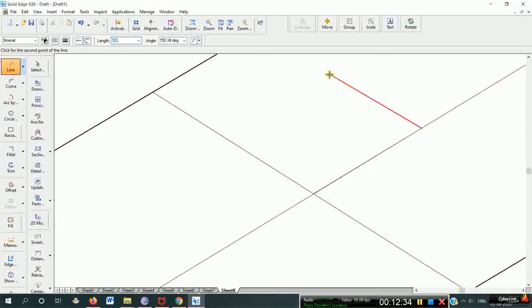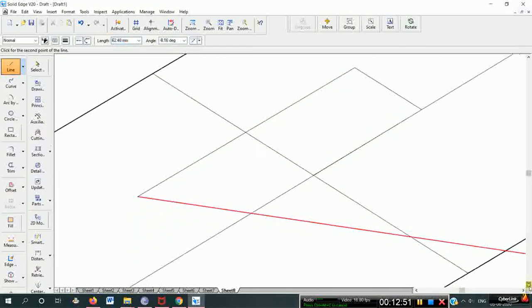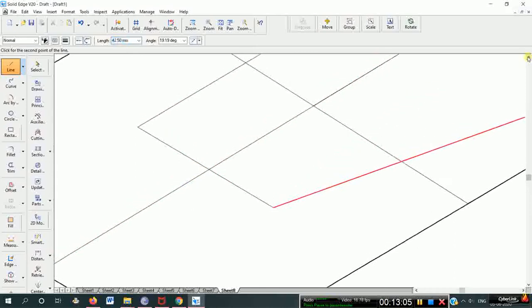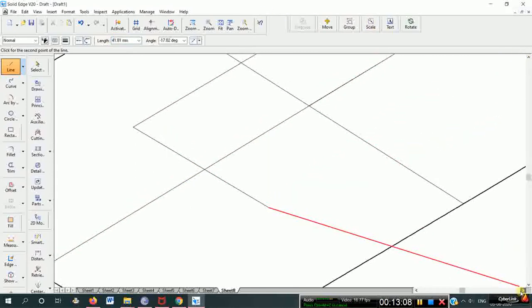And next 12.5 this side, and next 40 mm, and next 25 mm. So in the grid sheet you have to place this on the grid lines, otherwise use any other parallel line in the grid sheet.